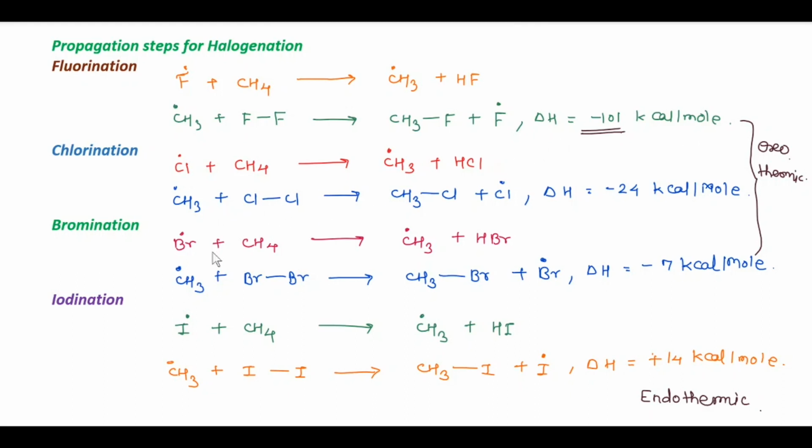In chlorination, delta H is minus 24 kilocalorie per mole, but many times chlorination is not useful because polychloro compounds are formed. So in halogenation, bromination is a feasible reaction as compared to chlorination, fluorination and iodination.